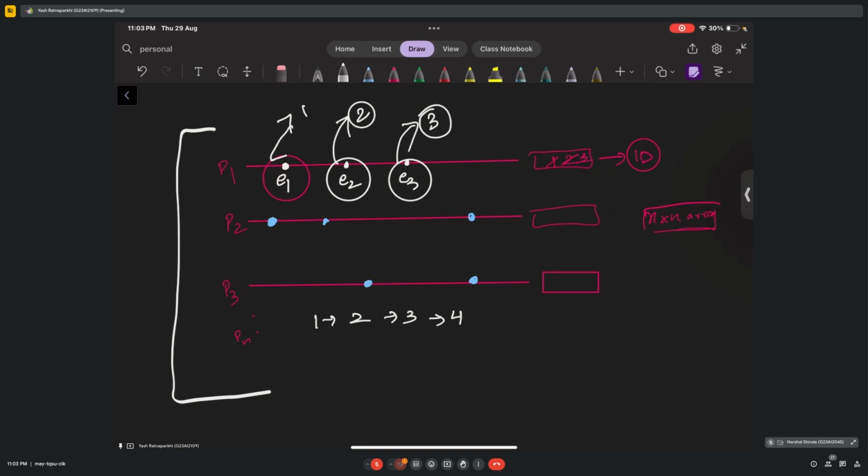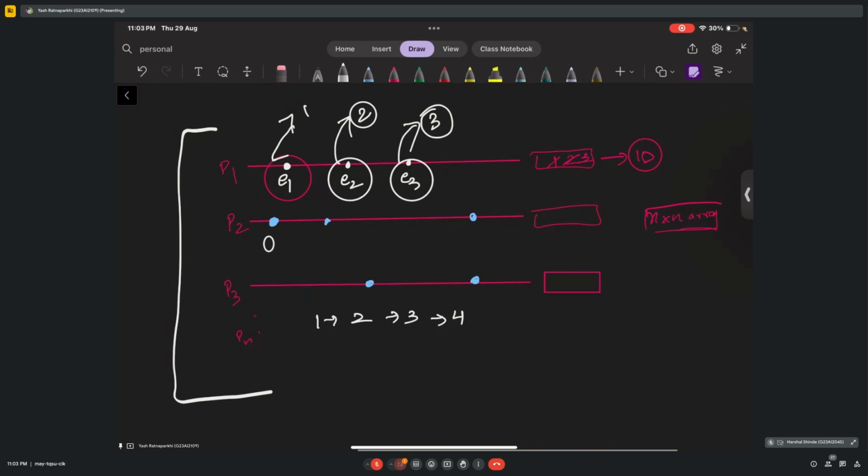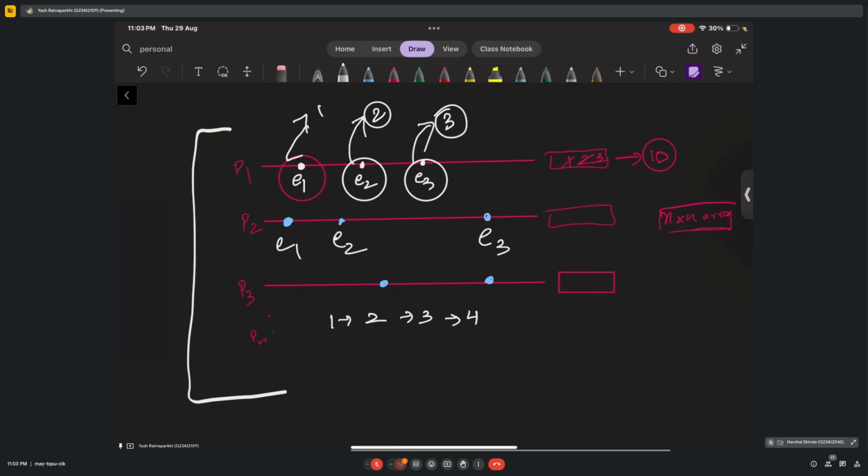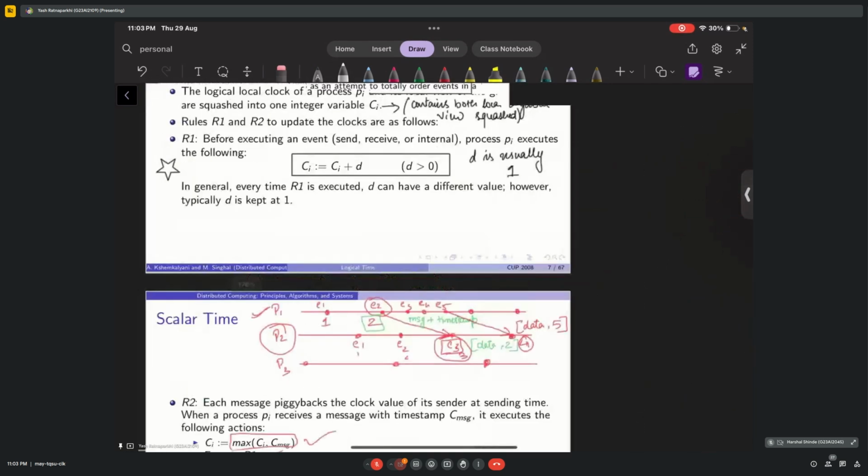Not only E1, E2, E3, E4 to En of one process, but E1, E2, E3 of process 1, E1, E2, E3 of process 2, E1 to En of process 3, everything should be in an order. And this is what is called total order of events.